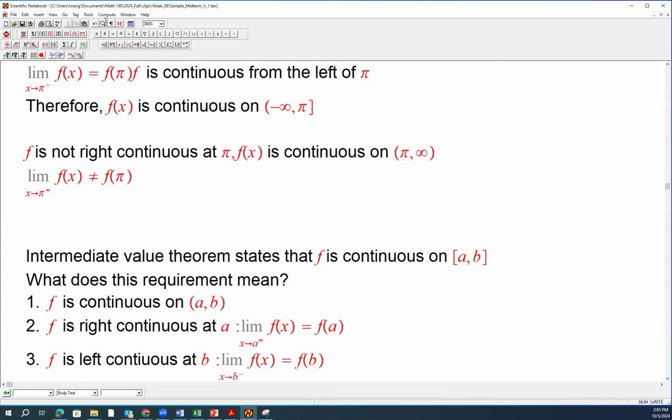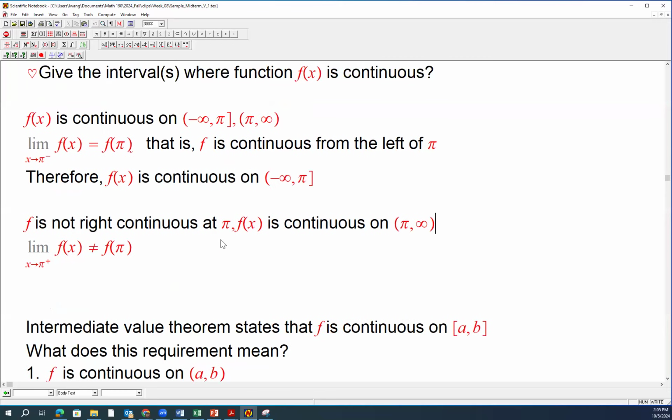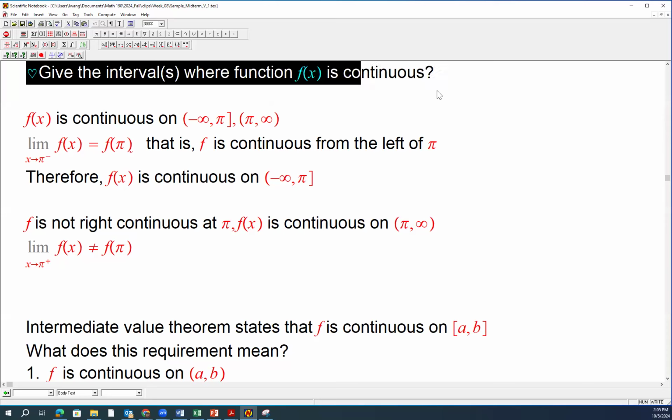Okay, that is, let me write it down. I know this is new. I might have repeated myself too much. So to answer the question, give the interval where the function is continuous, right?